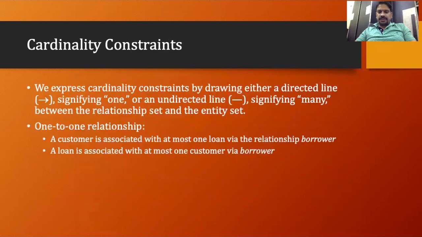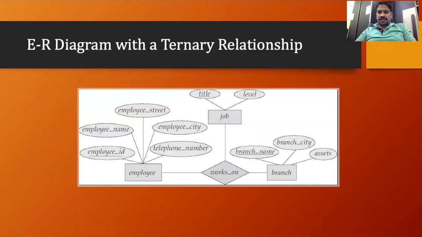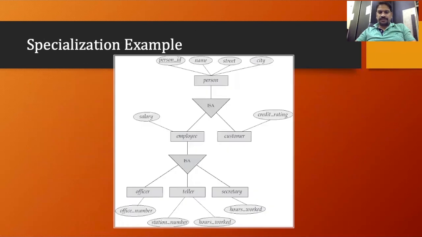Let's see an example of specialization and generalization and how we can represent it. As you can see here, there is a person entity, and that entity has many attributes. Then there is a specialization: there is an employee and a customer. So a person is also an employee and a person is also a customer.